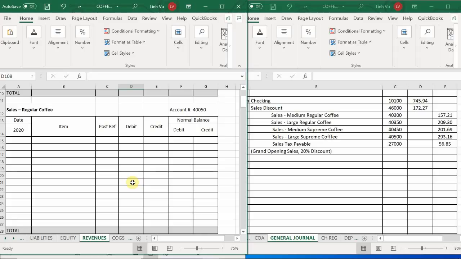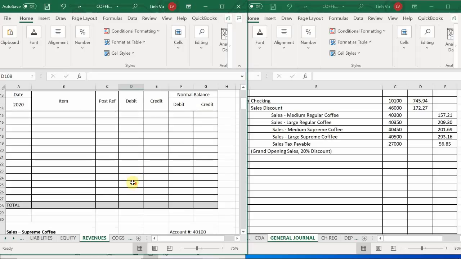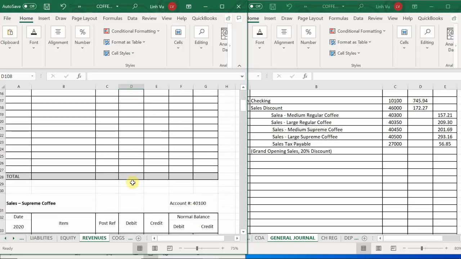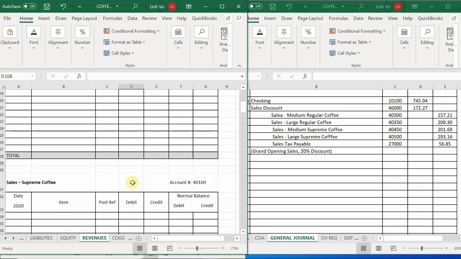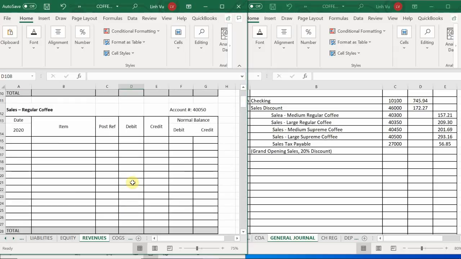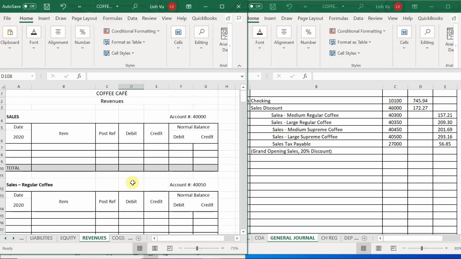All right. Did we sell our regular coffee? Yes, medium and large coffee. Okay, so in this case, I'm looking at sales regular coffee and sales medium coffee.